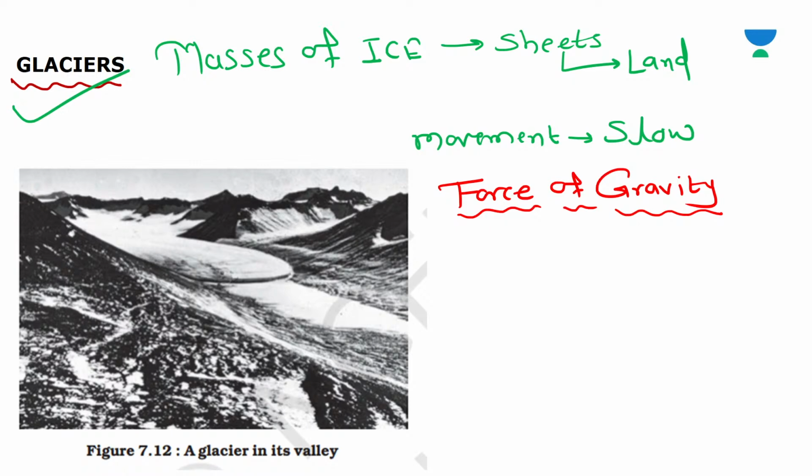Now friends, when we are talking about our country, we have many glaciers moving down the slopes and valleys in the Himalayas. Higher reaches of Uttaranchal, Himachal Pradesh and Jammu and Kashmir are places to see some of them.